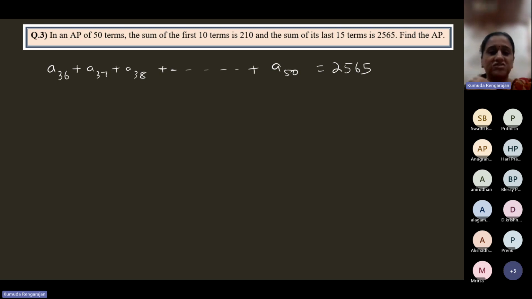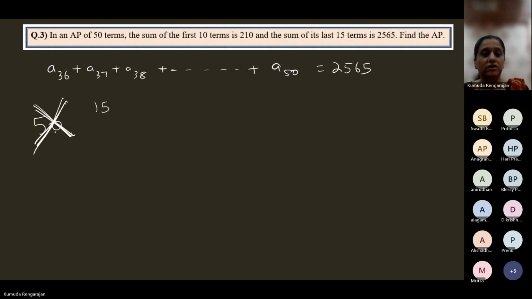So the sum of these terms, A36 plus A37 plus A38, so on till A50, the sum of the last 15 terms is 2565. N by 2. So how many terms are there? 15 terms, not 50. 2565 is not the sum of the first 50 terms, it's the sum of the last 15 terms.